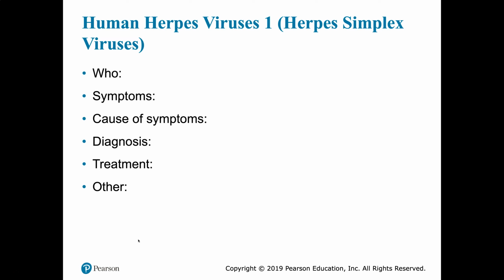We do not know why it expresses when it does and doesn't express under other conditions. Again, we kind of assume that it has to do with overall health, your immune system. Are you overweight? Do you smoke? Things like that.